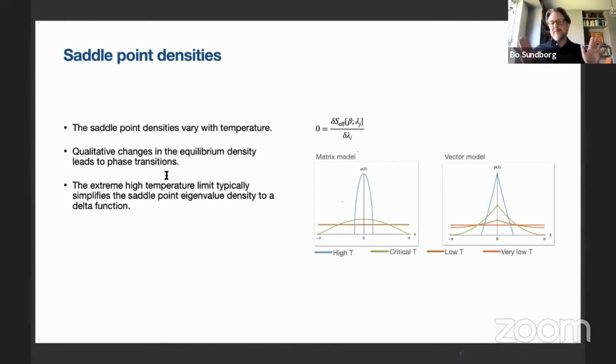Here we have been forced by time constraints and complications in the calculation to, at the moment, only study the extreme high temperature limit. And this corresponds to eigenvalue densities, whether it's the matrix model or the vector model that we're talking about right now. The eigenvalue density will localize to a delta function at zero.